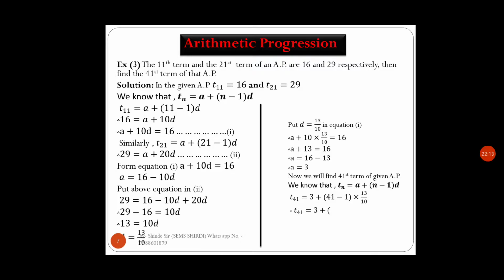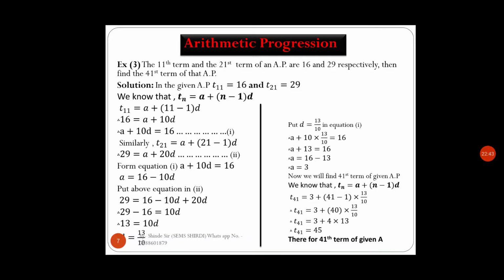Now T41 is equal to 3 as it is, plus 40 into 13 upon 10. 10 fours are 40. Therefore T41 is equal to 3 plus 4 into 13, that is 52, 52 plus 3, 55. Therefore T41 is equal to 55.